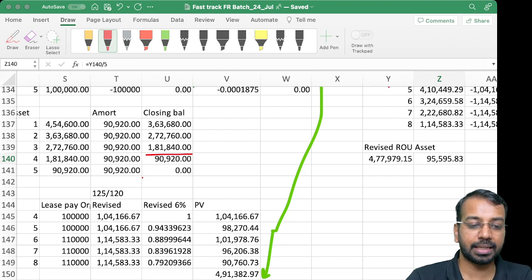So here both had changed. The rate had also changed, and this had also changed.